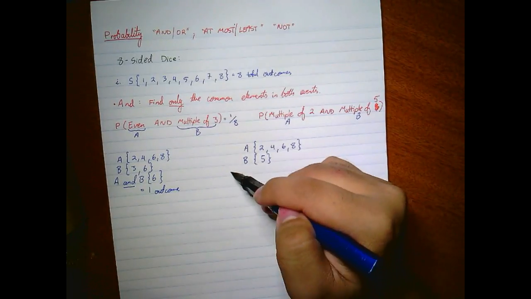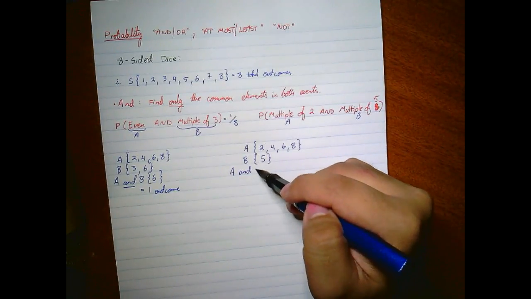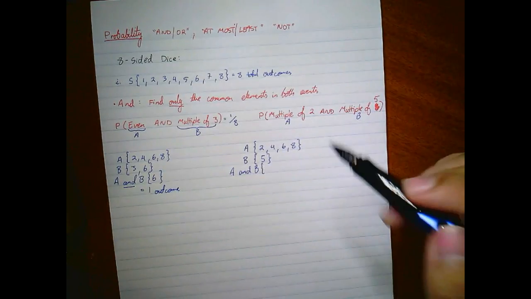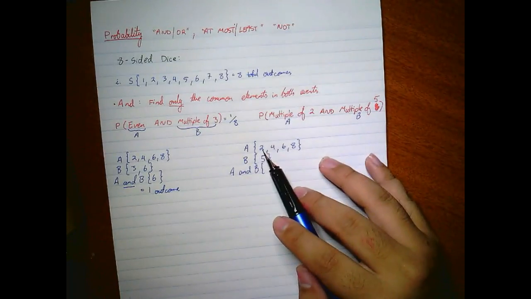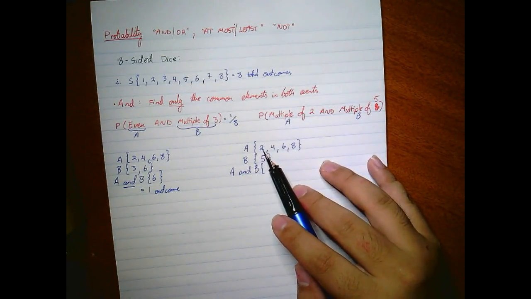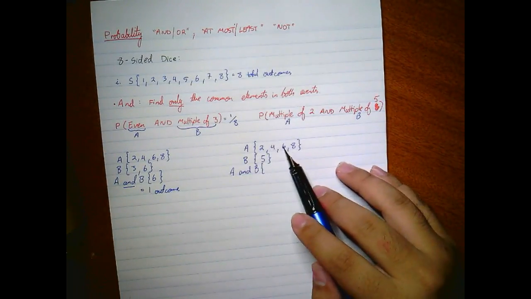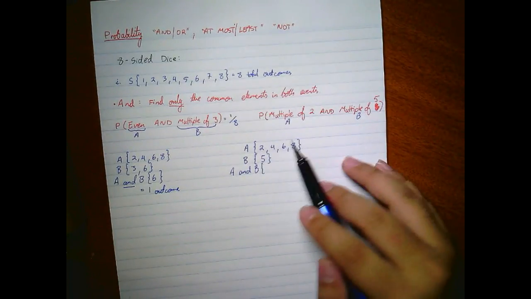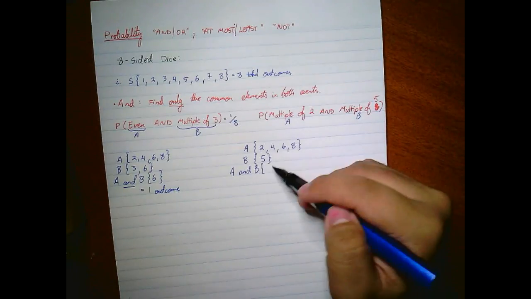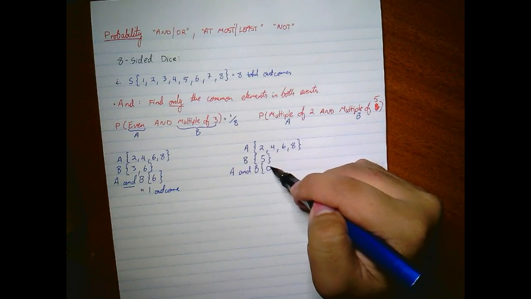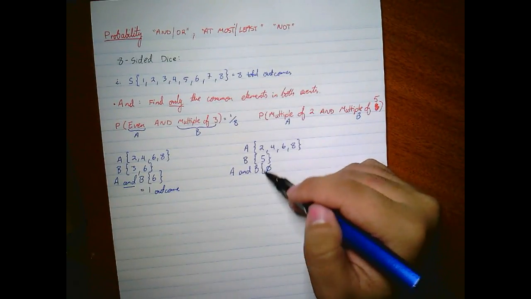So now we're going to do A and B. So which numbers are common to both of them? Well, I hope you can see there is none. 2 is not common, 4 is not common, 6 is not common in both, 8 is not common in both, 5 is not common in both. So this is what's known as a null. That's a special symbol for us.